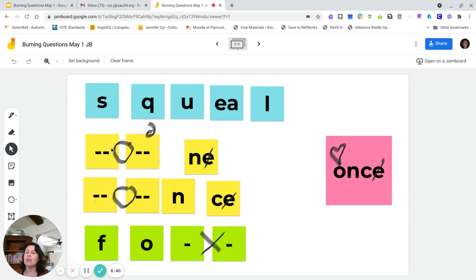So I have to consider that the O in one represents 2 phonemes, right? /w/, the being kind of a schwa after the /w/, and then /n/ would be the 3rd phoneme with my silent e. Similarly, once, /w/, /u/, /n/, /s/. Okay, so 4 boxes because it's 4 phonemes.